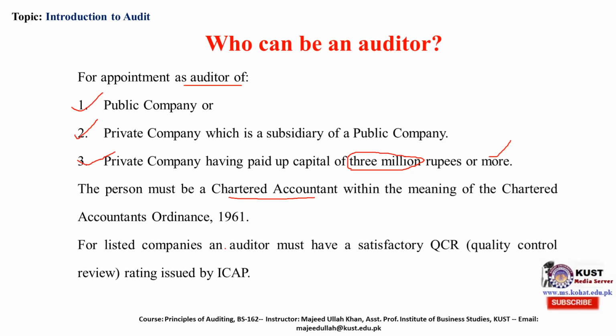So for a listed company, the auditor must have a satisfactory quality control review. These quality control reviews are for the audit firm, not for a single chartered accountant or a person. Anybody working as an auditor in Pakistan should comply with the QCR, quality control rating issued by ICAP, the Institute of Chartered Accountants of Pakistan.